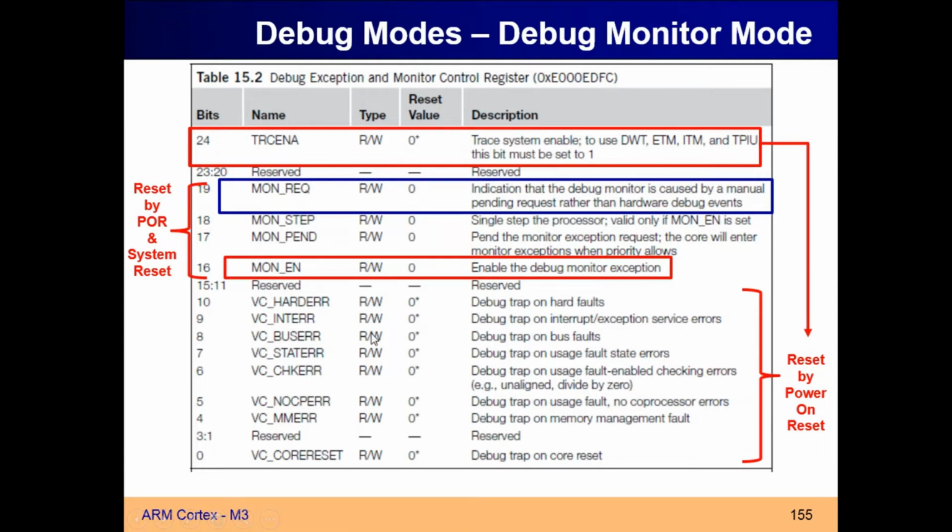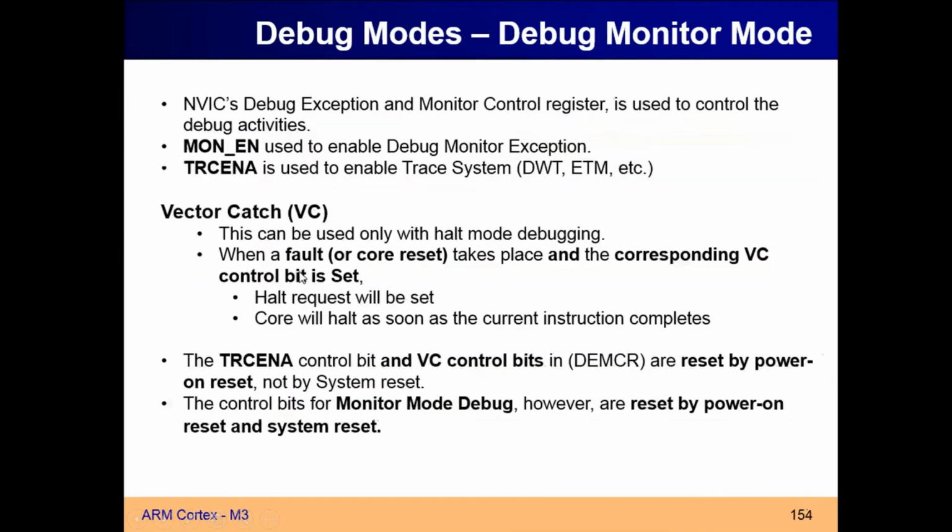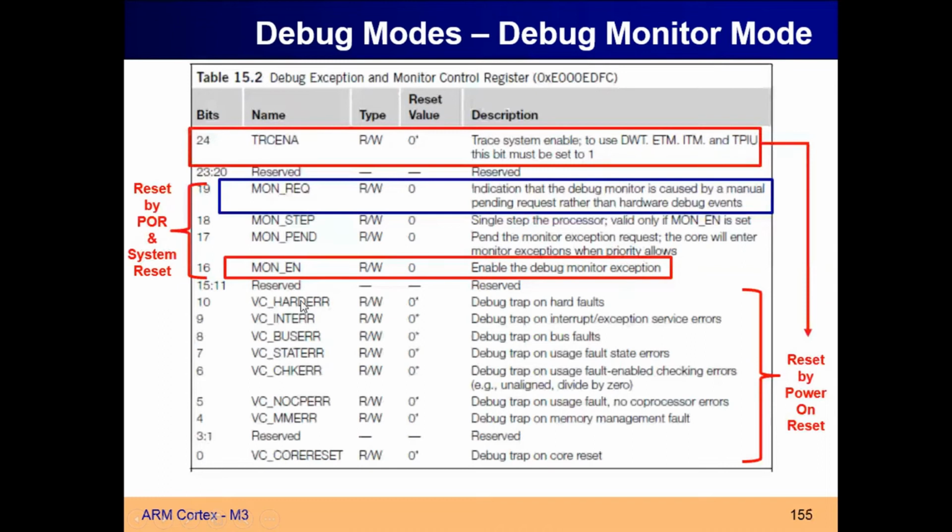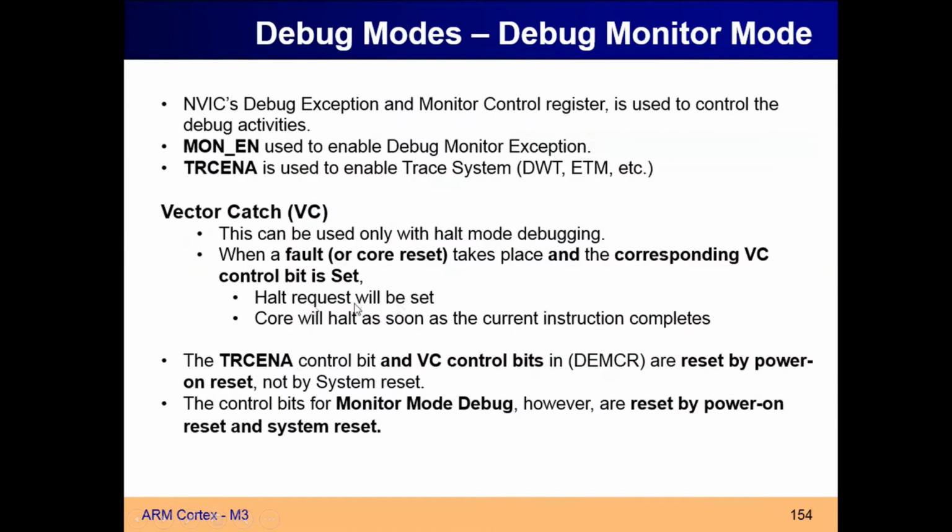So if you set the corresponding vector catch and a debug monitor exception occurs, it will halt the processor on the corresponding vector catch. Say if I make this bit 1, whenever a hard fault occurs, it will halt the processor. So whenever a fault occurs and the corresponding control bit is set, if hard fault occurs, it will halt the processor once the current instruction completes its execution.